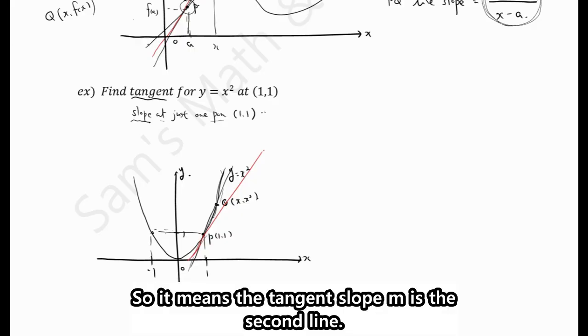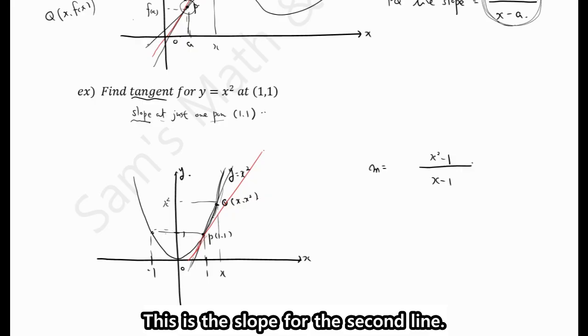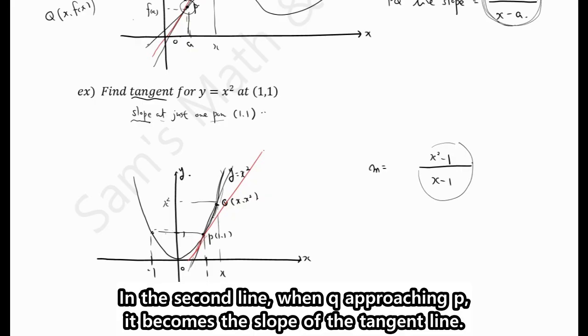So the tangent slope m is, for the second line, x squared minus 1 over x minus 1. This is the slope for the second line. When Q approaches P, it becomes the slope of the tangential line.